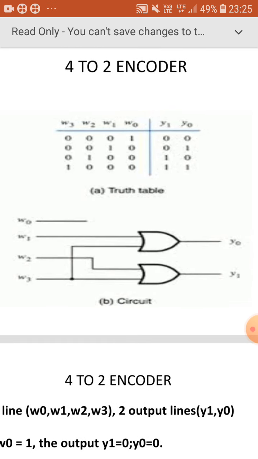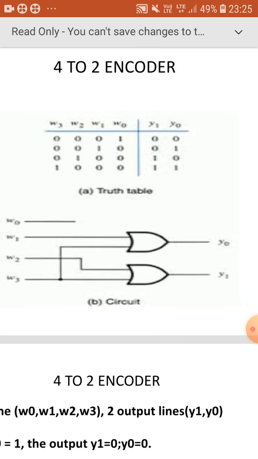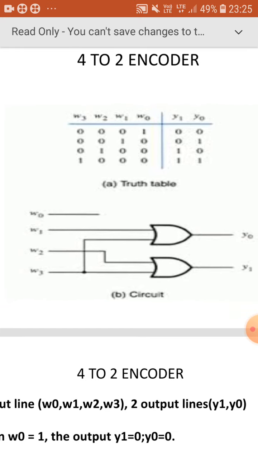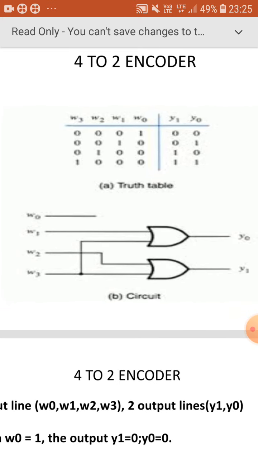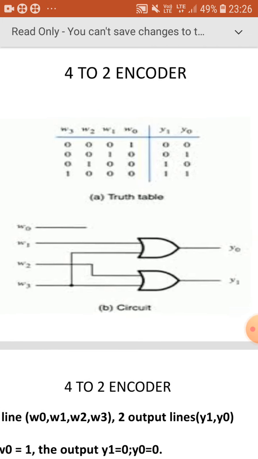So you will get Y0 is equal to 1, Y1 is equal to 0. So 0, 1.